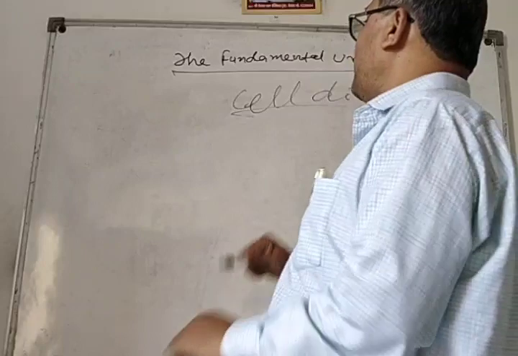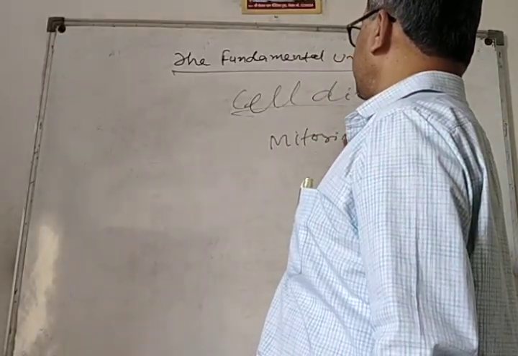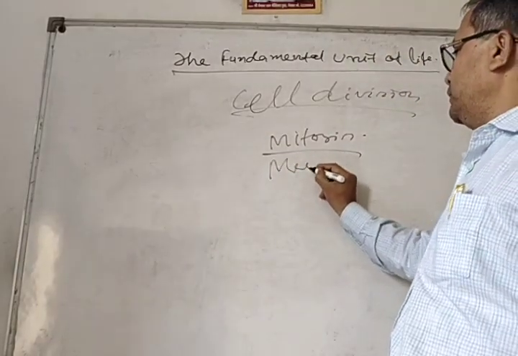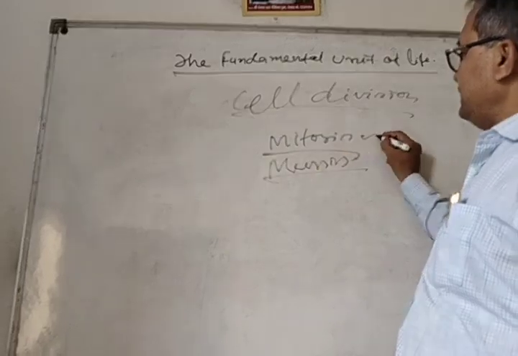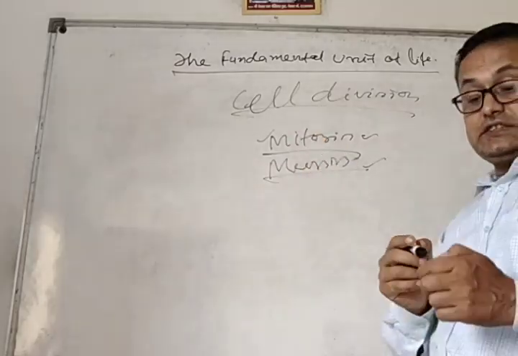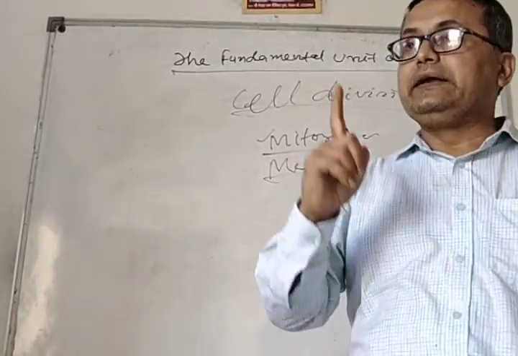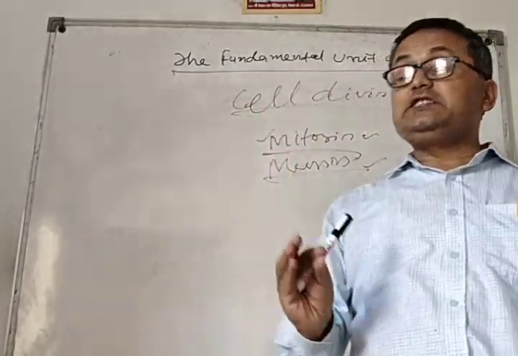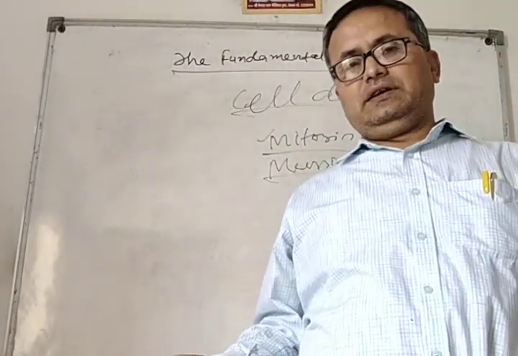So there are two types of nuclear division. First is mitosis and second is meiosis. Mitosis is the process in which one cell divides to form two daughter cells, and each daughter cell is identical to the parental cell.